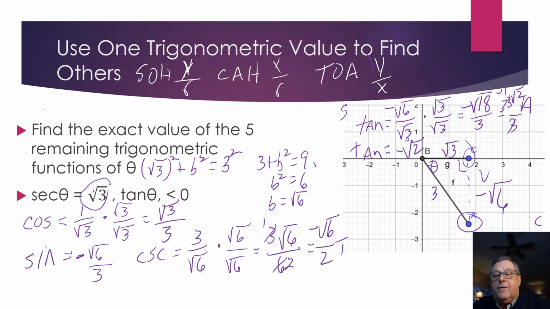All right, well, now I got to find the cotangent, and I am definitely completely out of room because I got to rationalize that denominator. But my cotangent is going to be the square root of 3 over negative square root of 6.